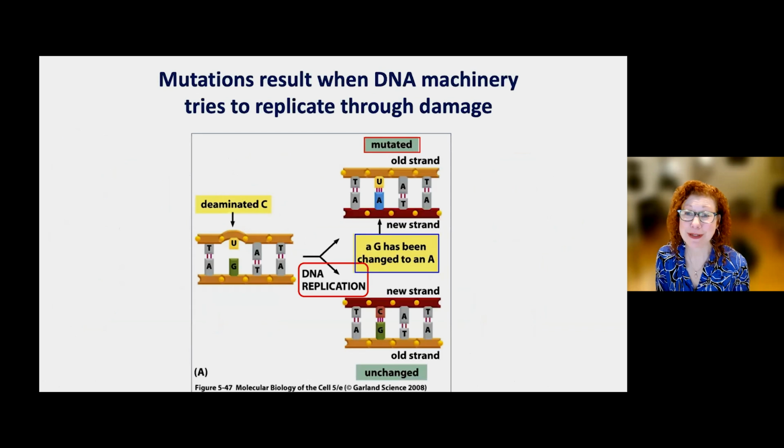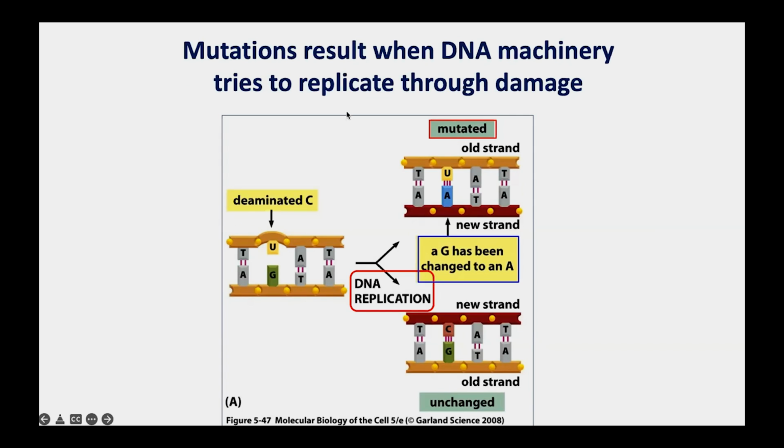Again, this is typically repaired by a particular type of repair system. So to just show you what happens if it's not repaired: what I'm showing you here, these gold lines are the backbone of the DNA, and here are the bases.